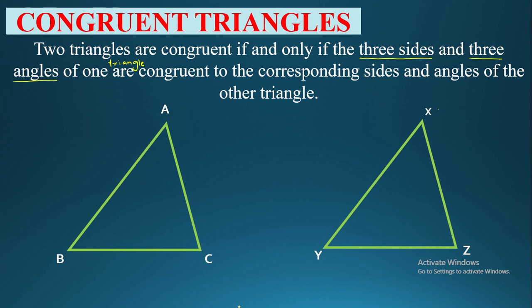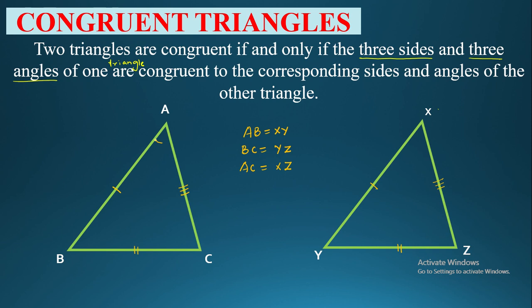So we can say that these two triangles are congruent if AB equal to XY, BC is equal to YZ, and AC is equal to XZ.